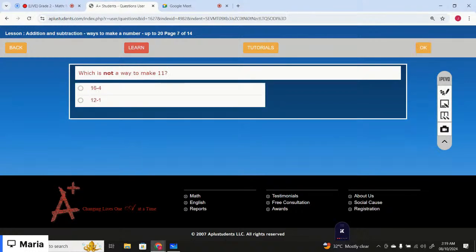The next one is which is not a way to make 11. So which is the correct option?